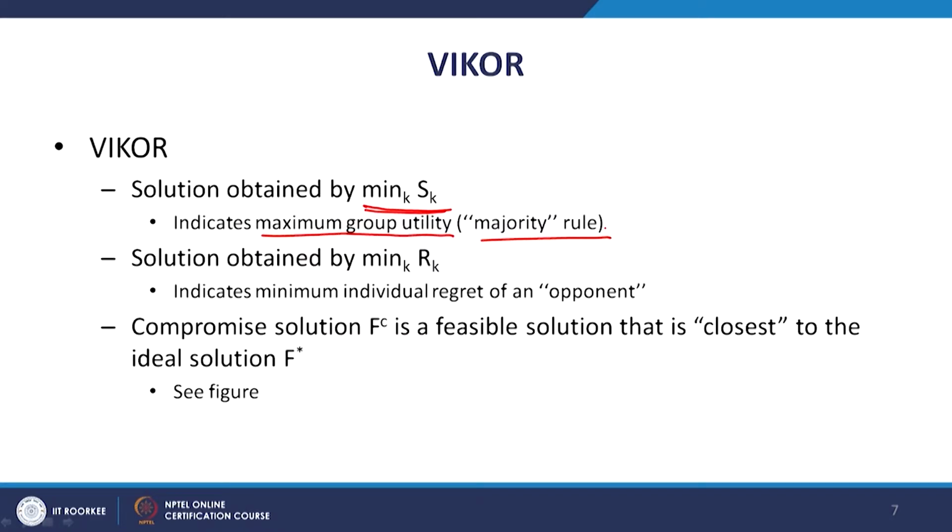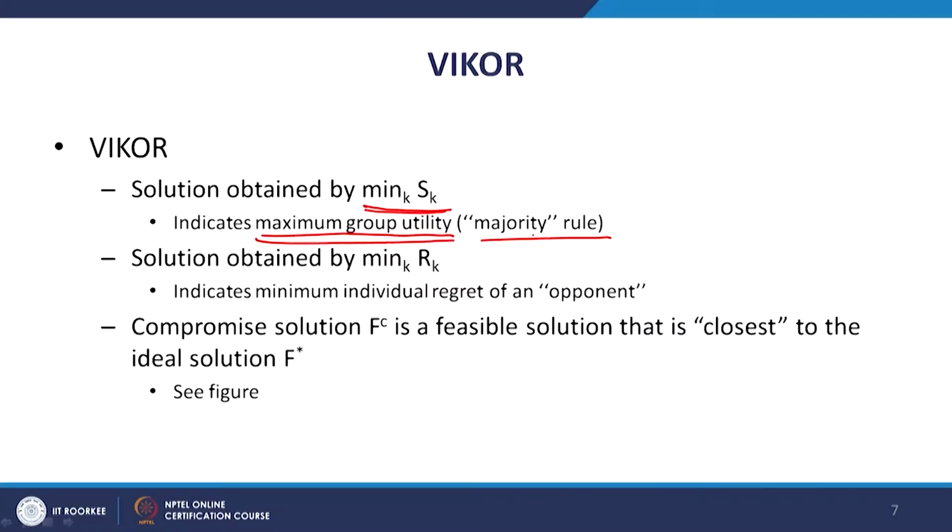When we take the minimum value, it is like the common denominator out of all the criteria that are there. That value is being taken. This is in a way indicating a majority rule, and the maximum group utility. So, we take the minimum of Sk, and at least that much group utility is going to be represented by this particular solution.